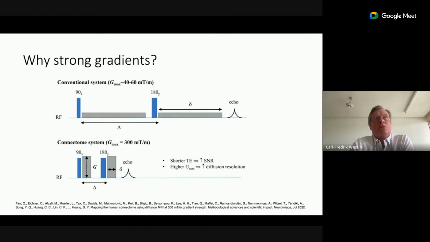A second advantage of strong gradients is that you're looking at smaller spatial scales. If you want to look at white matter tracts, a white matter axon is normally 1 to 2 microns or less, and with the top sequence there, you will be looking at much larger scales.